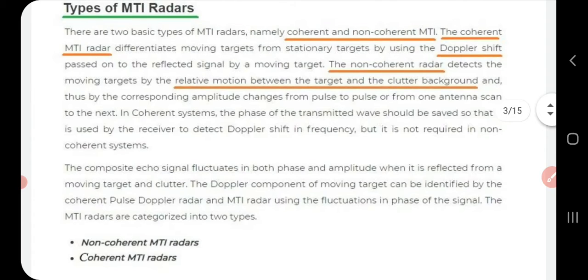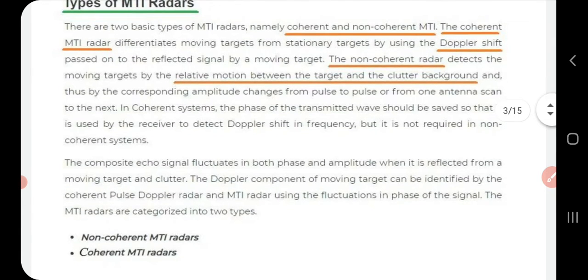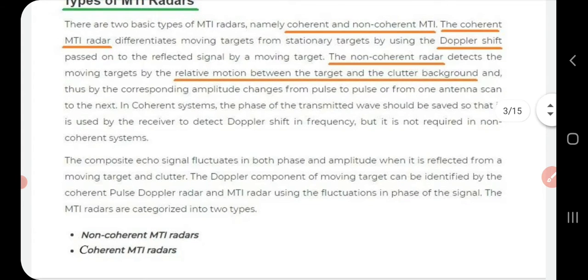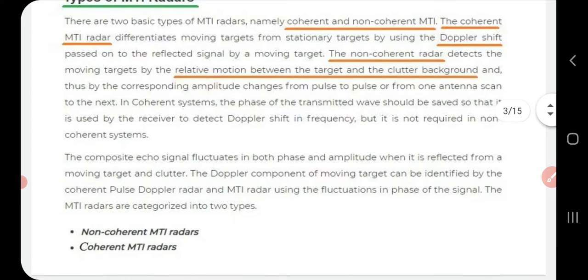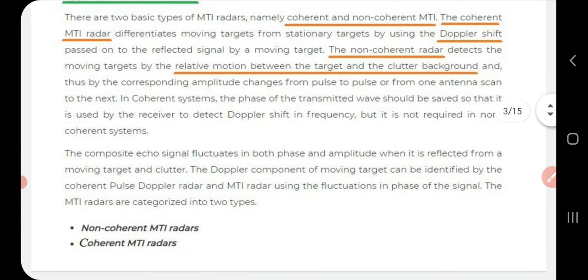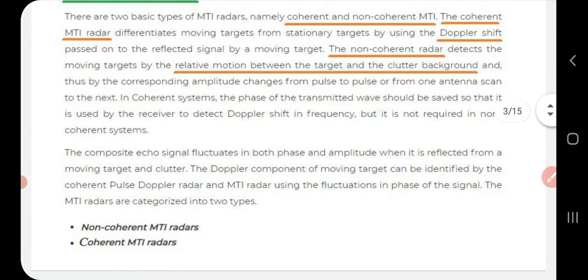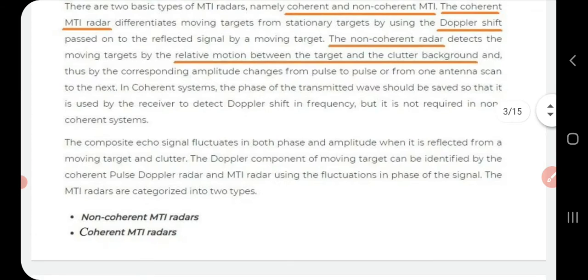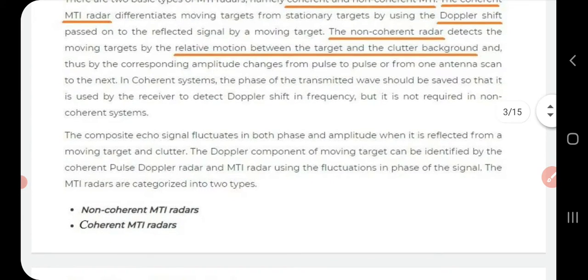So coherent MTI radar uses Doppler shift, whereas non-coherent MTI radar uses the relative motion between the target and the clutter background.